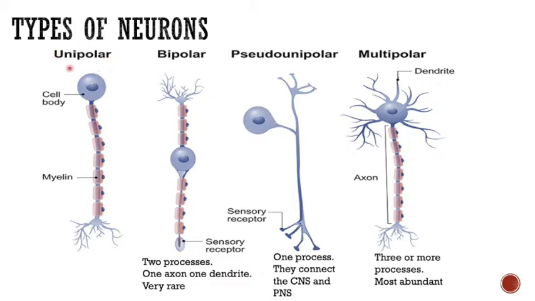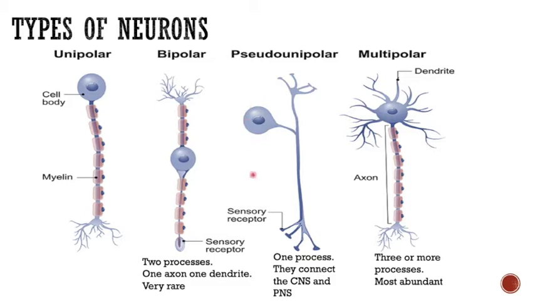Under the same category of only having one process, we have the pseudo-unipolar, which only have one process, but it's called pseudo. Pseudo comes from the word not real because it resembles having 2 different processes. But those 2 processes are just a ramification of one process that is coming out of the soma of the cell.